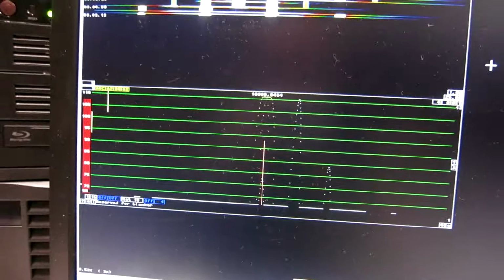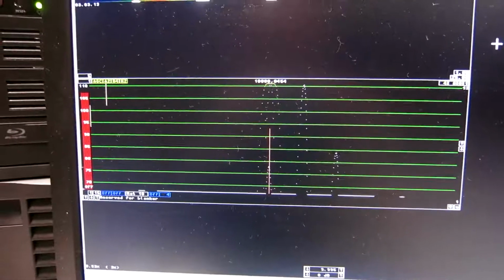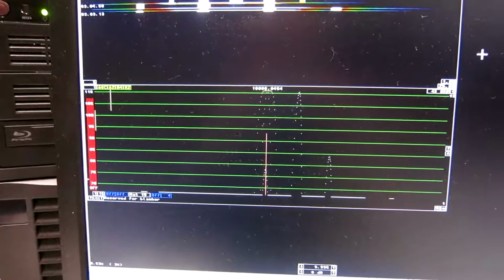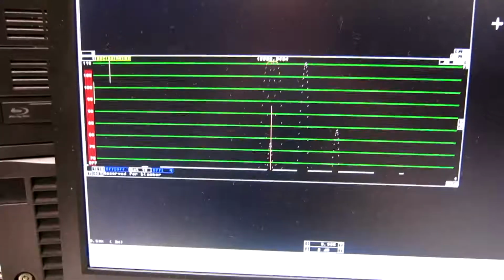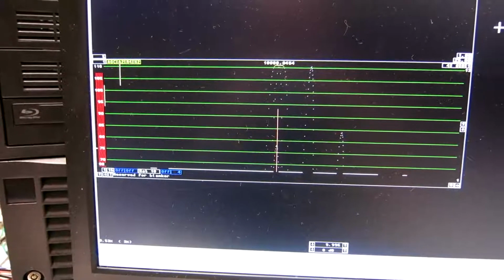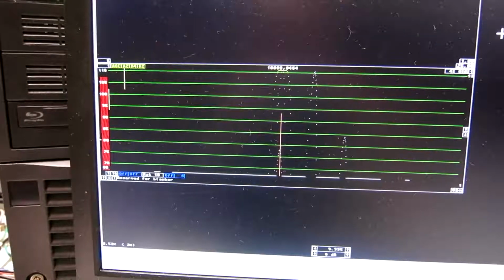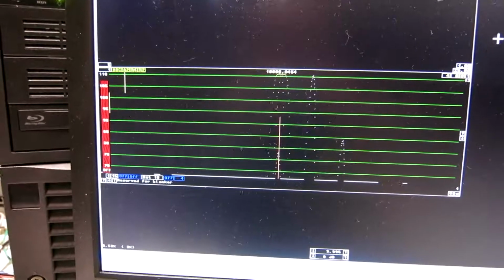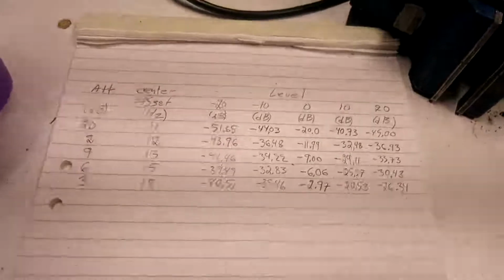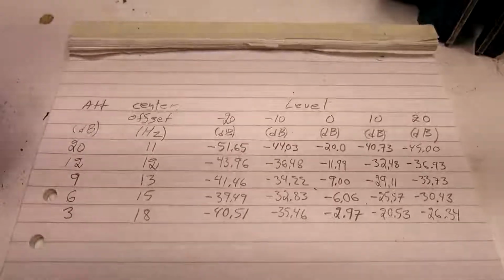So this level seems to be too high, but I will look at the selectivity curves to decide what is the appropriate power level to run the crystal at, or perhaps the highest possible level that we shouldn't exceed. So these are the measured data and I will plot them on paper.